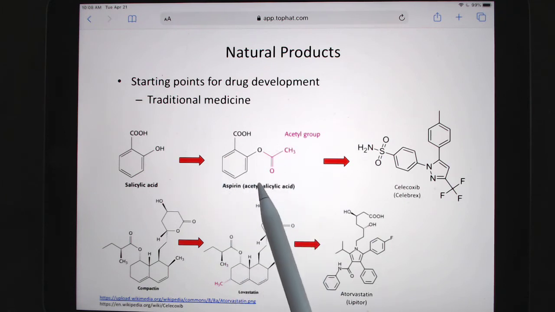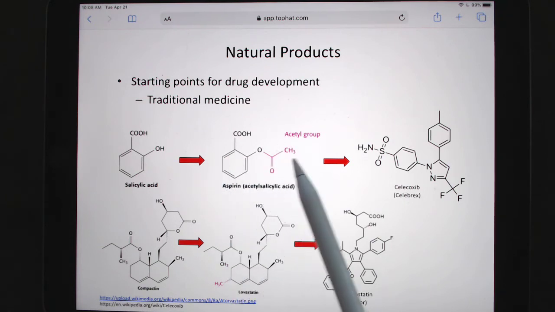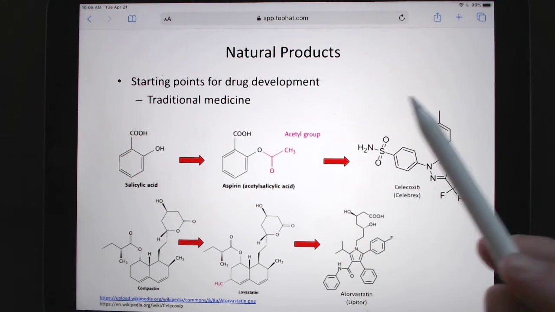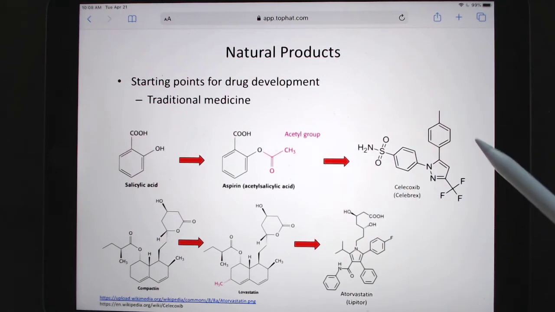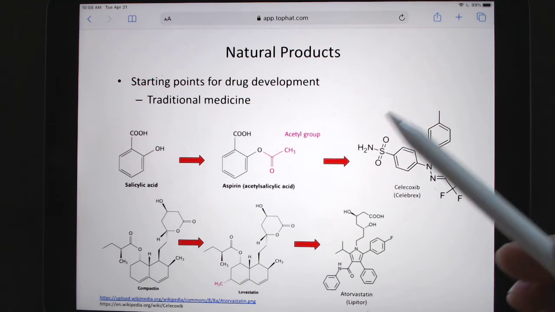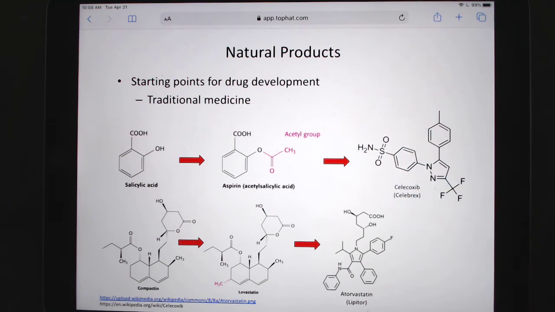Once they started looking at the mechanism, they noticed that it hits cyclooxygenases 1 and 2, COX-1 and COX-2. COX-2 is involved in the inflammatory response, which causes the pain, and so now you've got Celebrex and Vioxx, things like that. They come into a much more drug-like compound, which in this case is a COX-2 selective inhibitor. It turns out, though, that if you don't hit COX-1, you have issues with heart attacks.